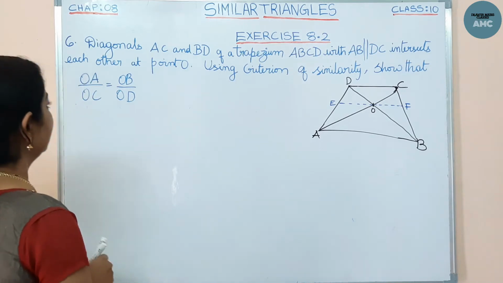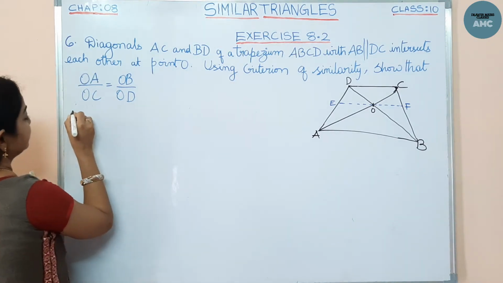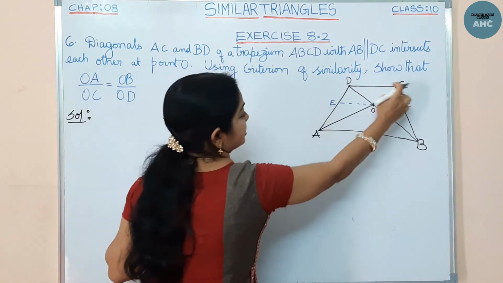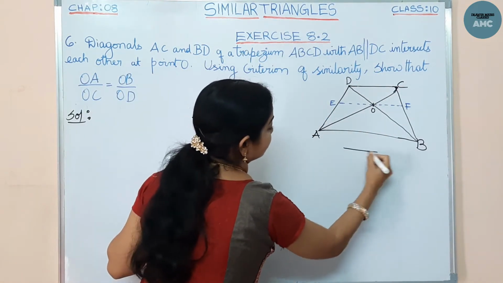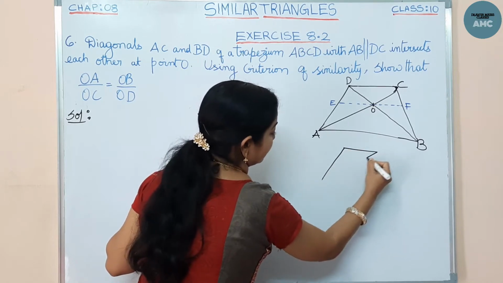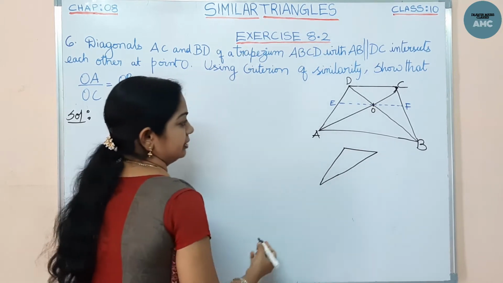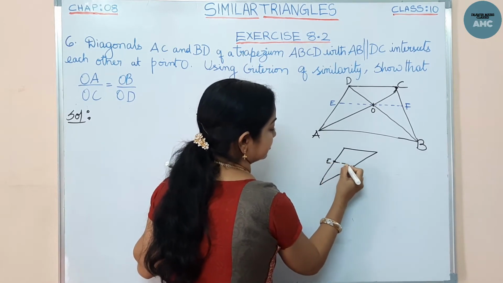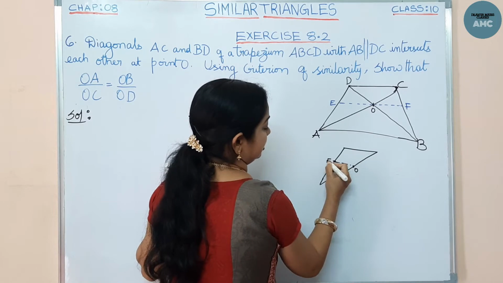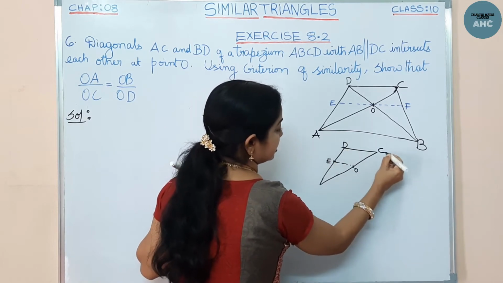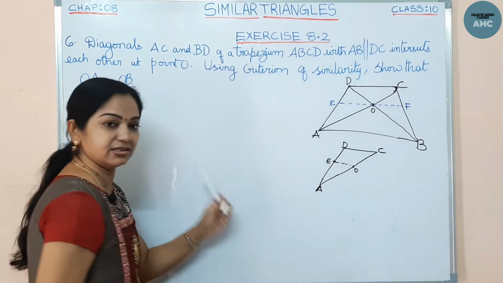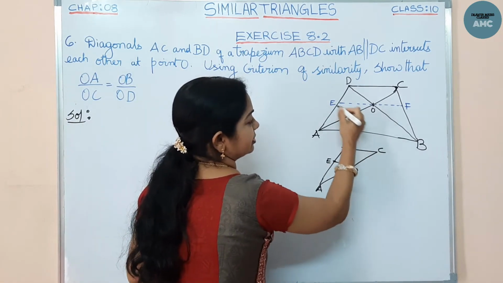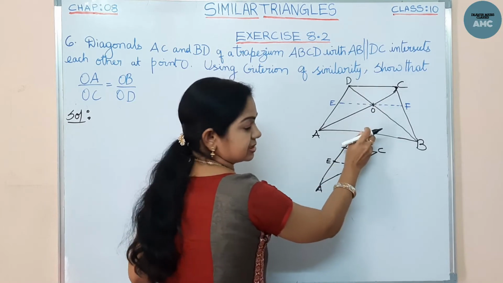So now we will start with the solution. Let us consider this triangle, I am drawing it out for you here. This is O and this is E, this triangle with D, C and A. Now, EO is parallel to DC. This is a line parallel to both the sides, isn't it?